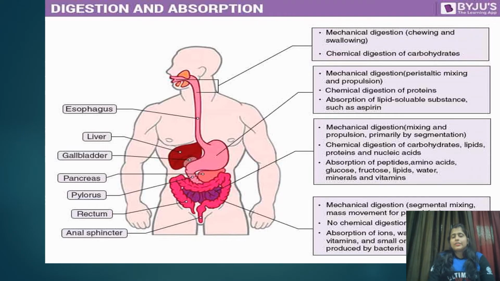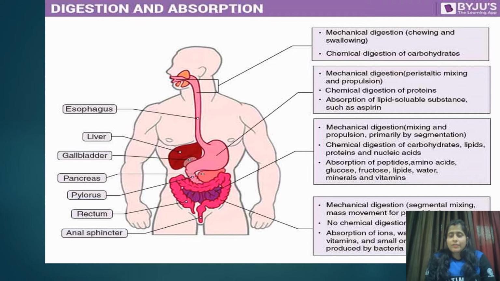Then we have digestion and absorption. Let's see how it is. The picture clearly shows that mechanical digestion and chemical digestion take place in my mouth. That is, when we cut and chew anything, mechanical digestion takes place there only.